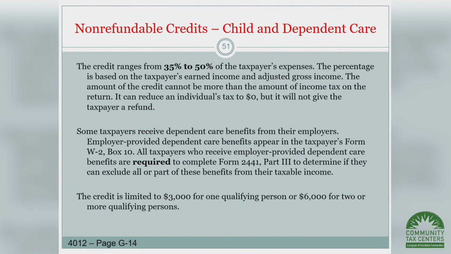So the credit ranges from 35 to 50% of the taxpayer's expenses. The percentage is based on the taxpayer's earned income and adjusted gross income. The amount of the credit cannot be more than the amount of the income tax on the return. So if it's reduced to zero, then they won't be entitled to a refund. This is a non-refundable credit, so it can only pay up to a tax liability, and that's it.